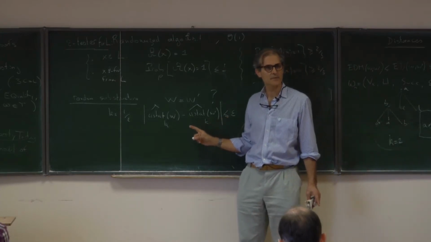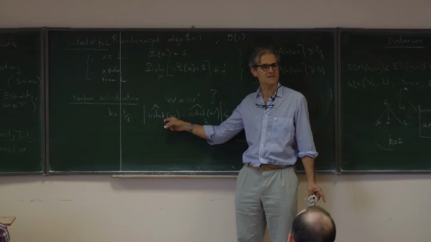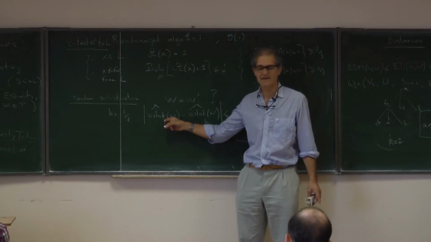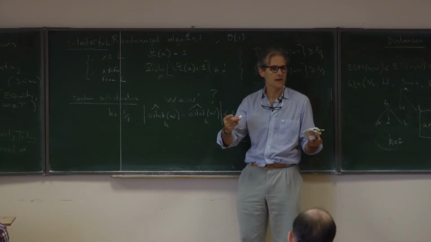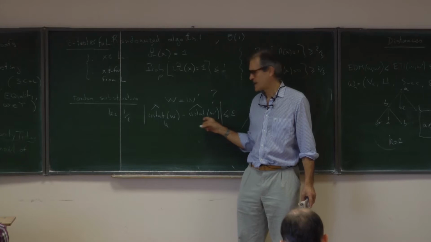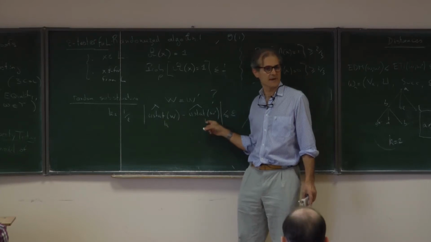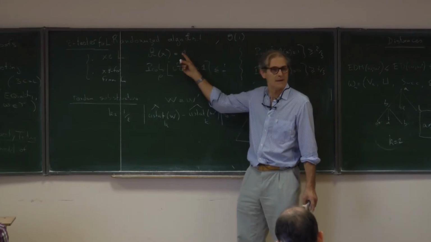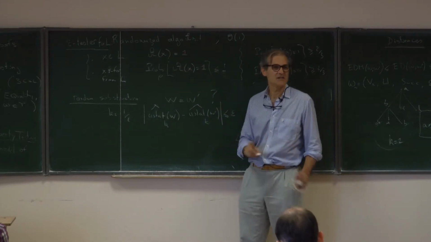So our tester is exactly like this. We take random samples, we build this vector, which is the U-stat vector on the samples. How many samples? 1 over epsilon square. We do the same for U-stat of W prime, and we take the L1 distance between these 2 things. If it's smaller than epsilon, we accept, and if it's bigger than epsilon, we reject.